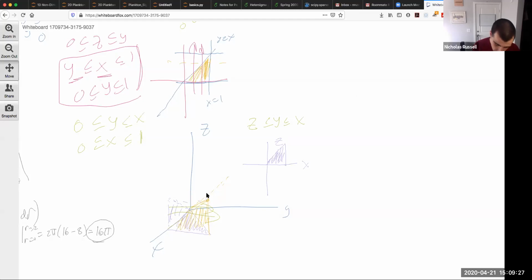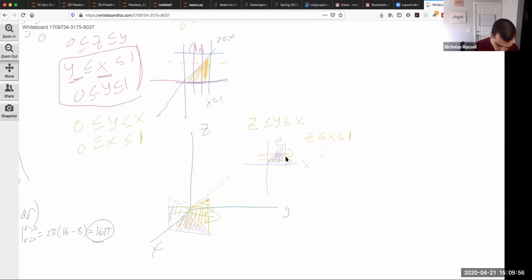So this is now my region in the xz domain, and it can be written in two different ways: in terms of x first and then z, or z first and then x. Let's do both. If I write this with respect to x first, I'm coming through, it hits z, and then ends at x equal to 1.